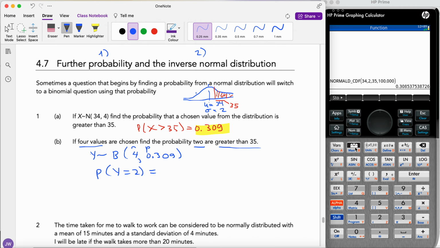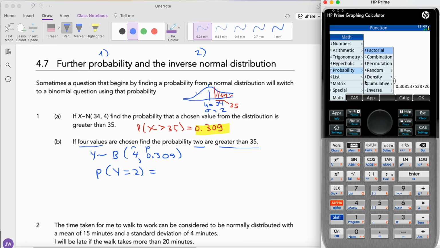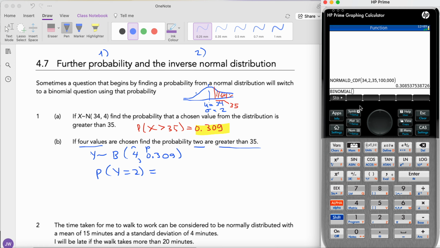Hopefully you remember how to do this. Go to the toolbox. This is density, because it's binomial and you want one specific value. So you should just have the binomial. Remember, what did we put first? First n, then the probability, and then the k, which is the number of successes that you would want.